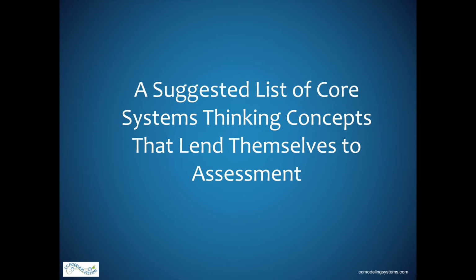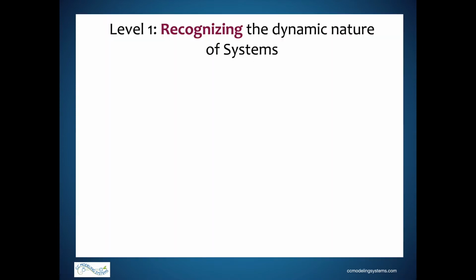There are 7 levels in the suggested list of systems thinking questions that we think lend themselves to assessment. For level 1, the idea is to recognize the dynamic nature of systems.